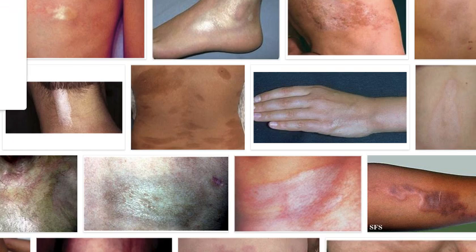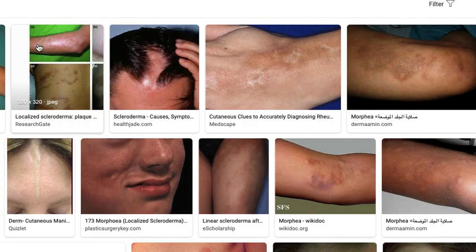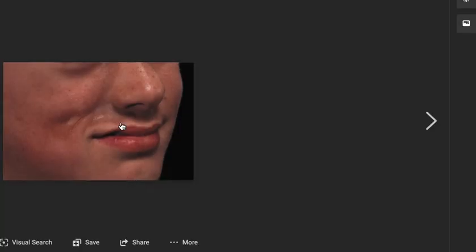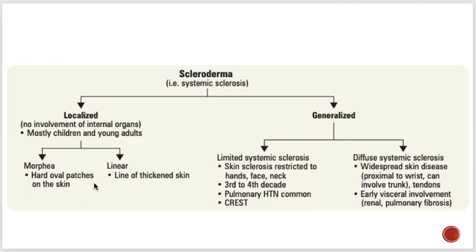Or I will show you linear localized scleroderma, like this one, where just this linear patch of the skin is involved.